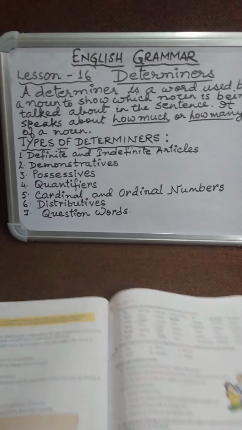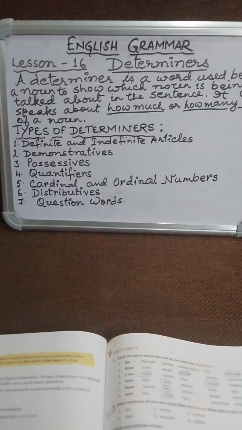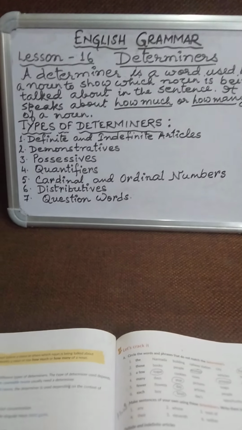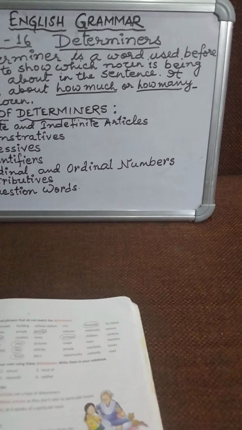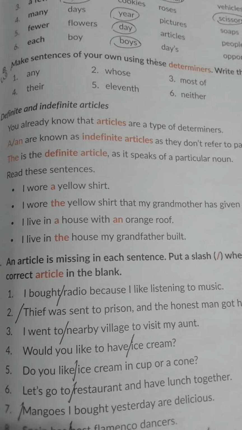Let us know them one by one, and we'll also see the importance of these determiners in English. Our first point is definite and indefinite articles. If you look, it is given in your book itself.